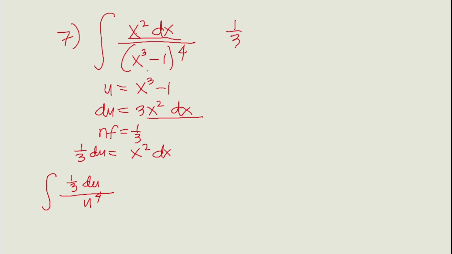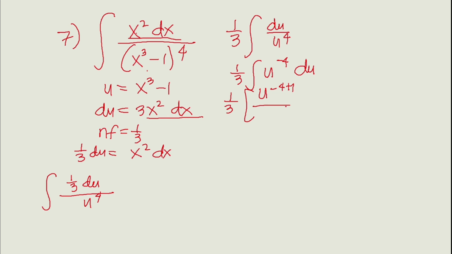So 1/3 integral of du over u raised to 4, we could write as the integral of u raised to negative 4 du. 1/3 times u raised to negative 4 plus 1 over negative 4 plus 1, then plus c. So 1/3 times u raised to negative 3 over negative 3 plus c.